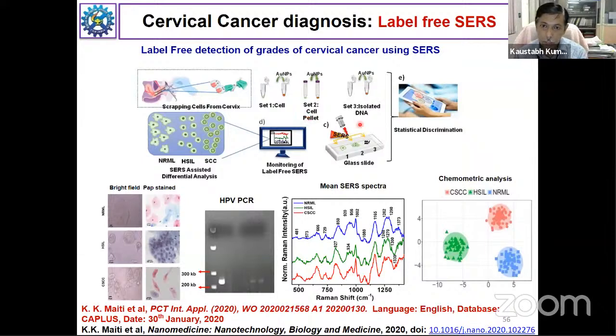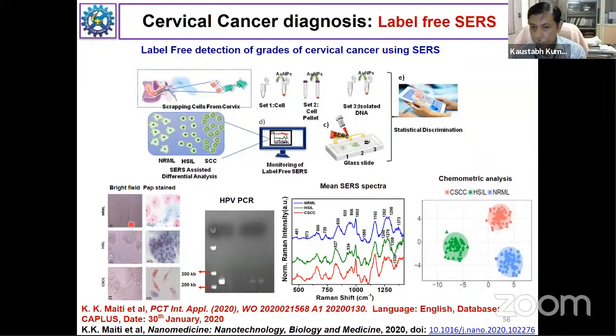For all three sets we evaluated the Raman fingerprint, and through an artificial intelligence platform using chemometrics, we get a very good separation modality where we can separate these three classifications very easily. These features are now complemented with the usual cytopathology techniques.